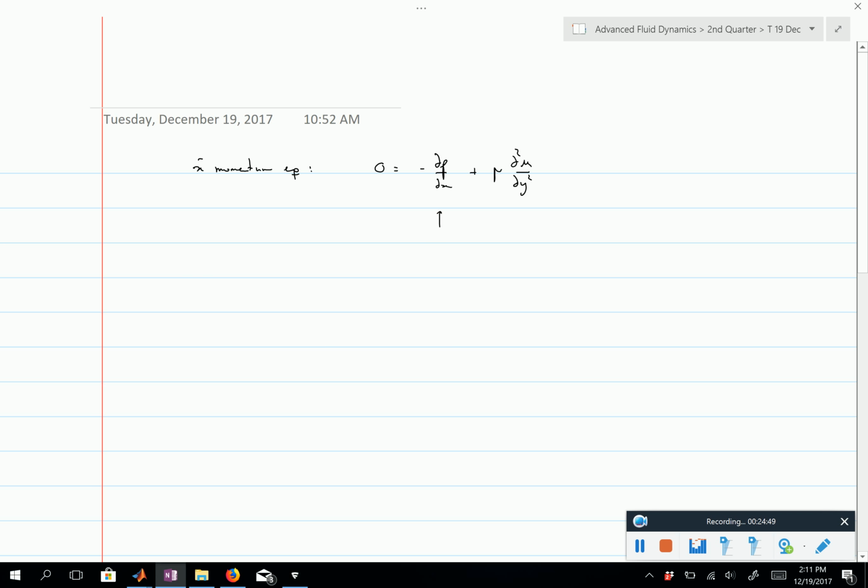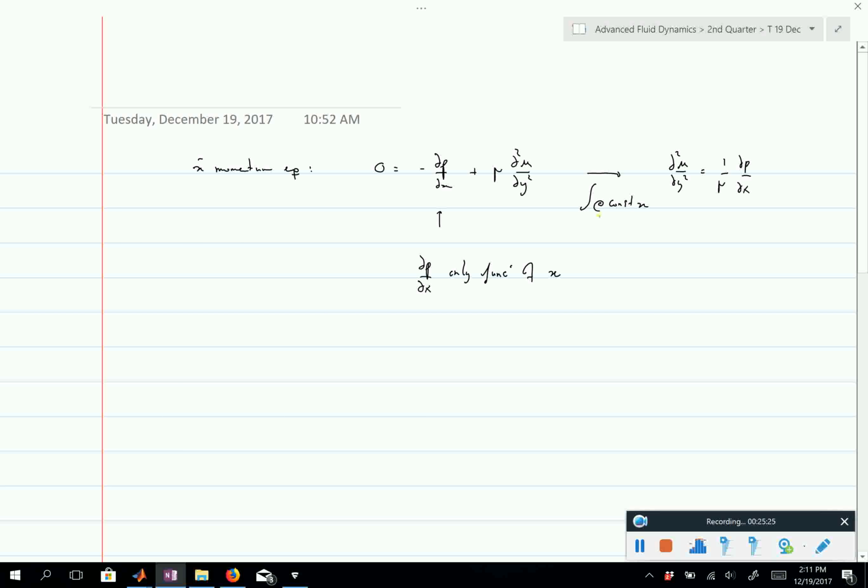So here, let me write this: partial P over partial X is only a function of X. It's not a function of y, so we can integrate at a constant value of x. If we integrate it once, we get that. So let me just rewrite that. I have the second partial of u with respect to y is equal to 1 over mu partial p over partial x.